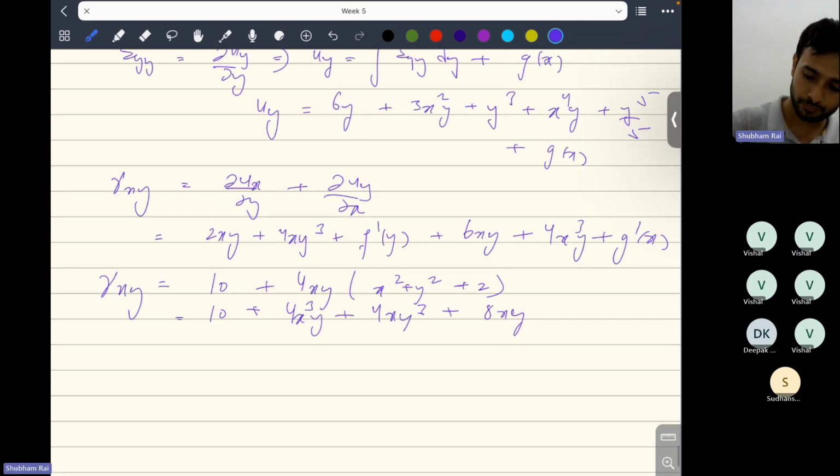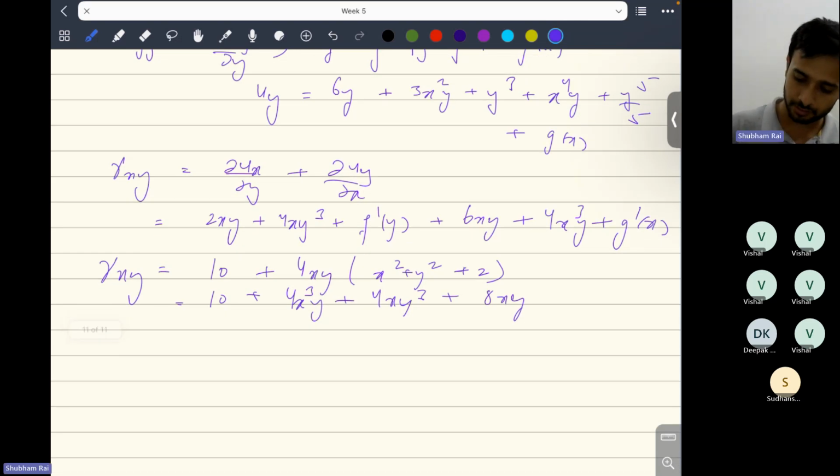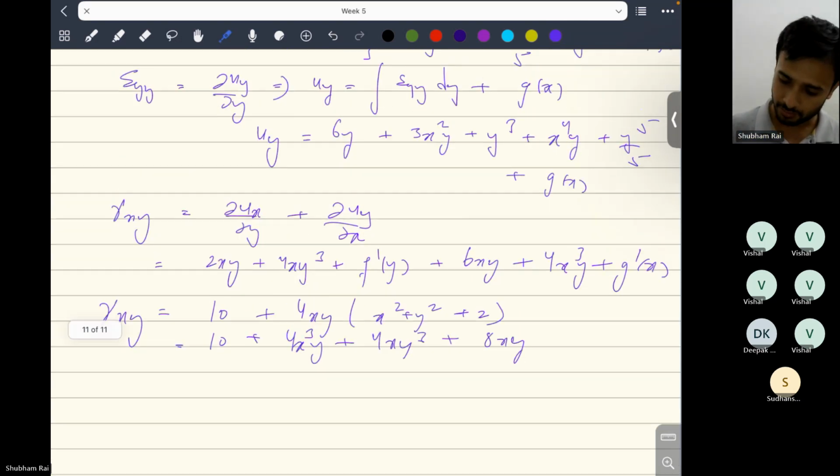If you compare the terms above here, 4x cube y is similar to 4x cube y, and 4xy cube is similar to 4xy cube. Now you have f prime y, and here you have 6xy plus 2xy, that is 8xy.